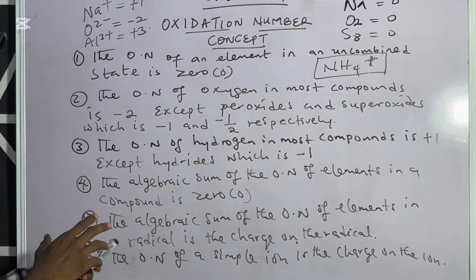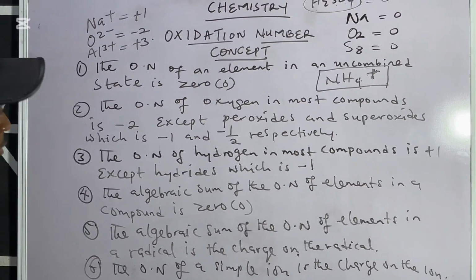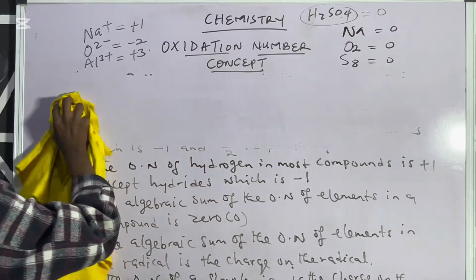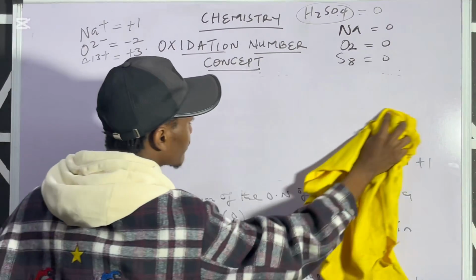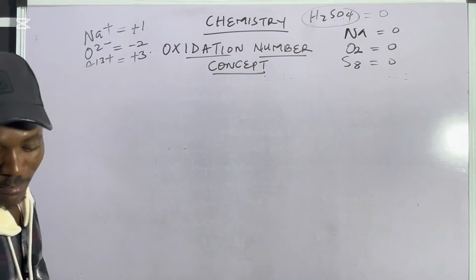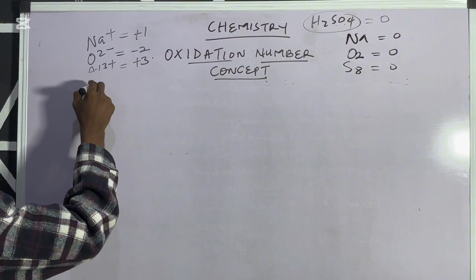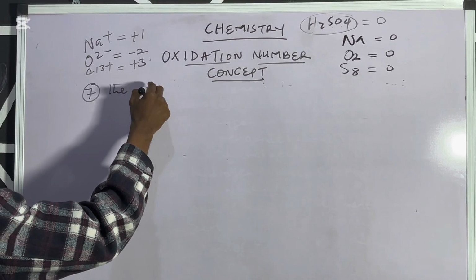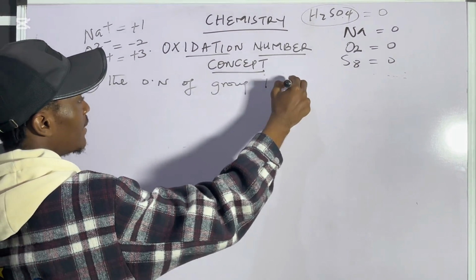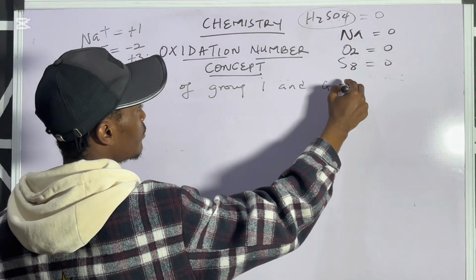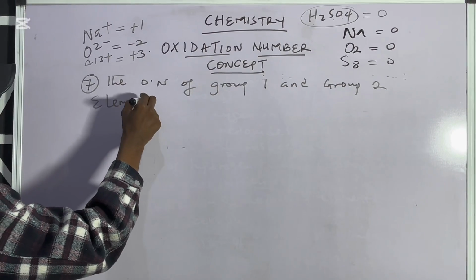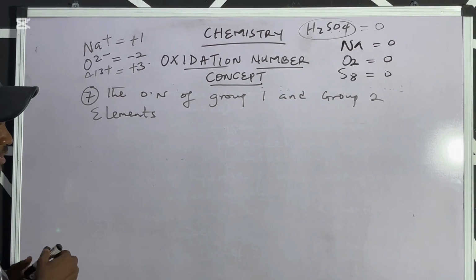Then you can actually pause the video and take down this. Then we are going to look at the final rule, which is rule 7. Rule 7 has it that the oxidation number of group 1 and group 2 elements, with the exception of hydrogen in group 1.